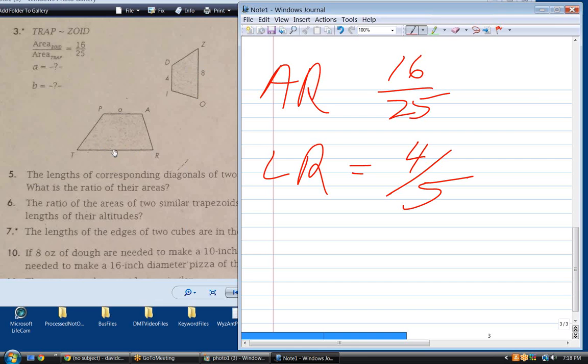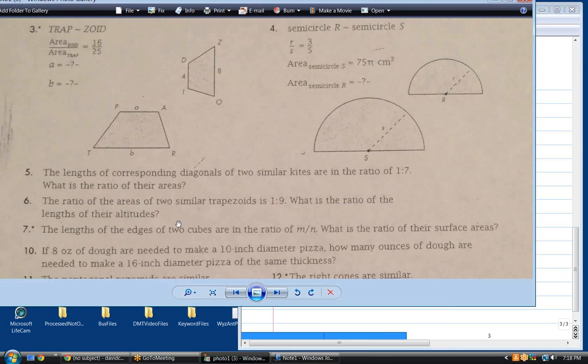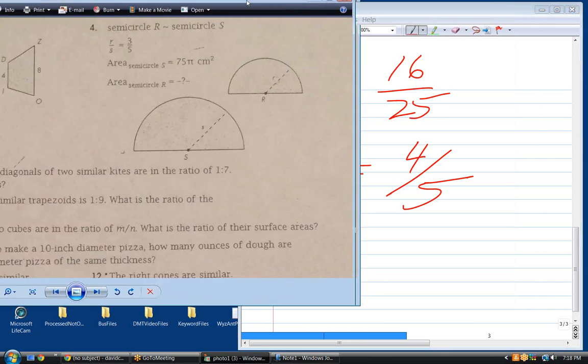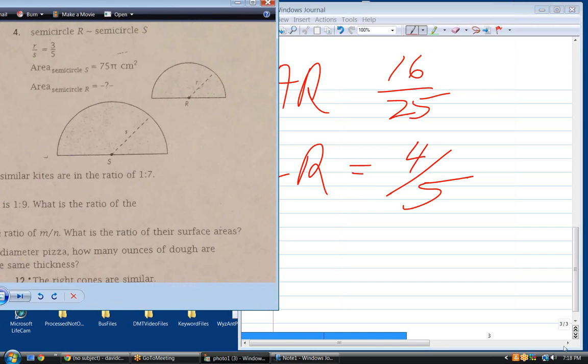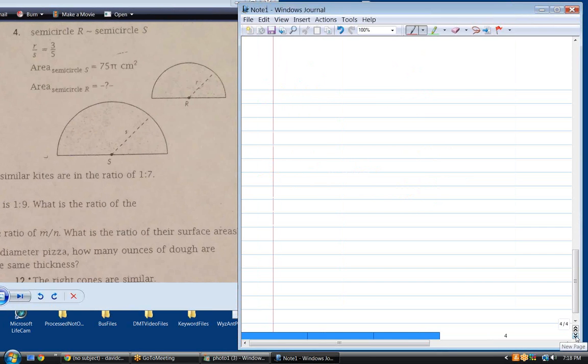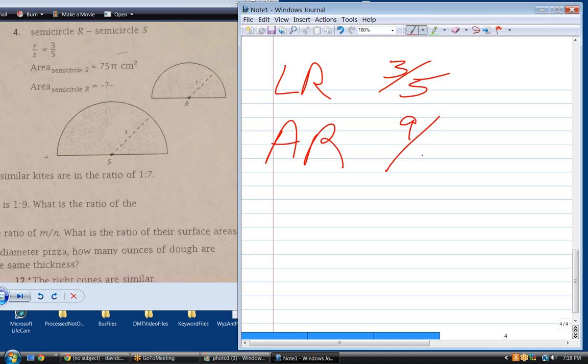Okay. The radius is a linear measurement. So the linear ratio is 3 to 5. Yeah. What's the area ratio? 9 to 25.